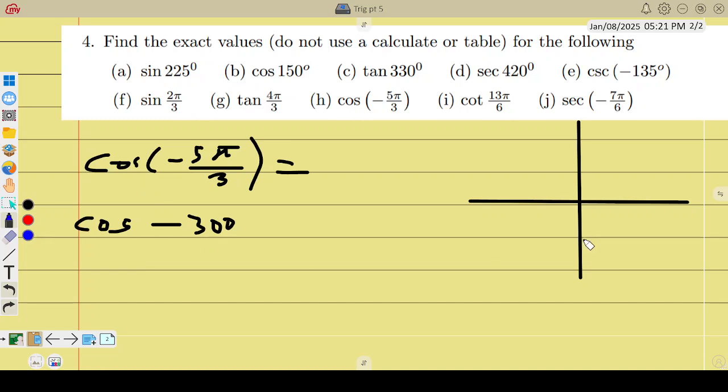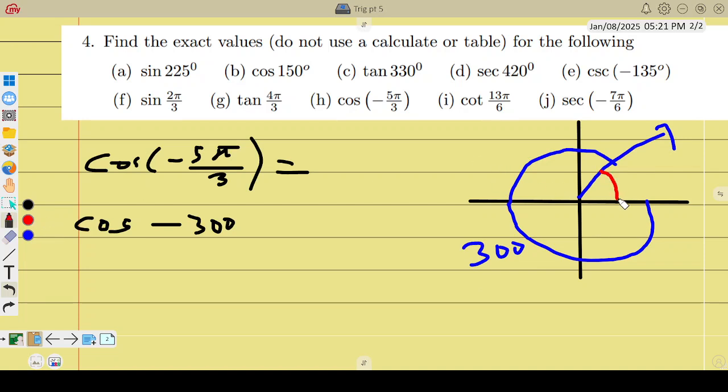So negative 300, it means we're moving like this. So this is negative 180, negative 270, all the way up to here. So negative 300 can be something like this. And then the helping angle, it is here. So the helping angle is simply, what is 360 minus 300? You are going to get 60. So this means that cos 300, oh sorry, I'm using sine.